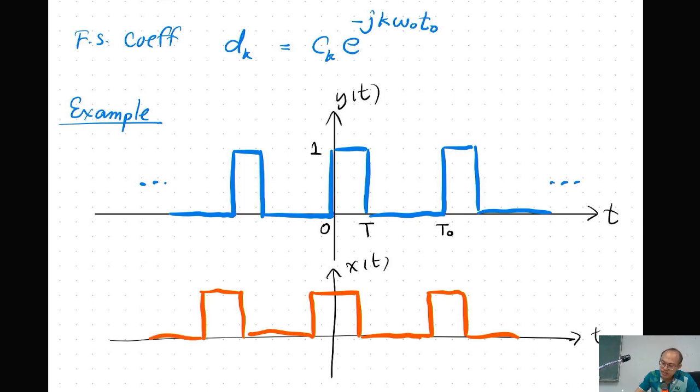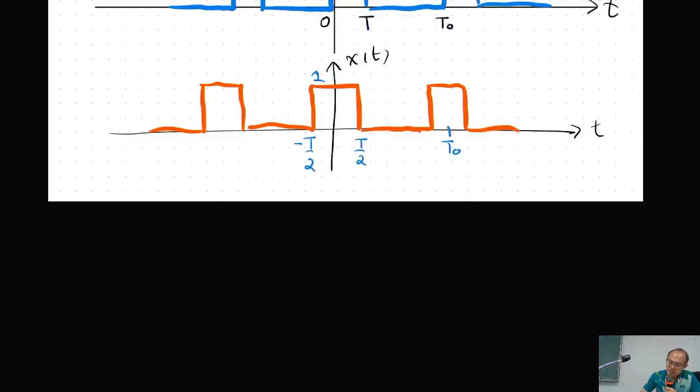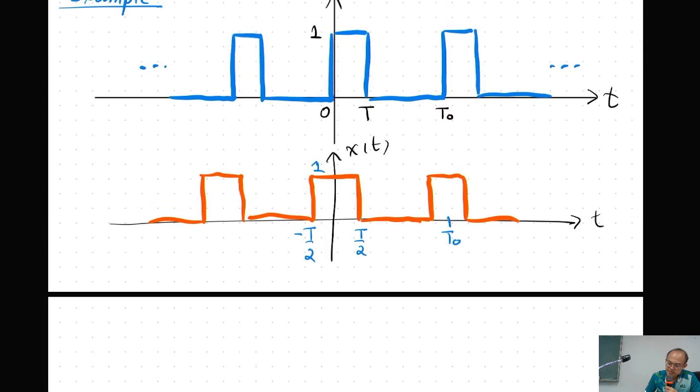This is x, and this is T over 2, minus T over 2, this is t0, and this is 1. And you see that y is the signal x shifted to the right, so x of t minus T over 2.